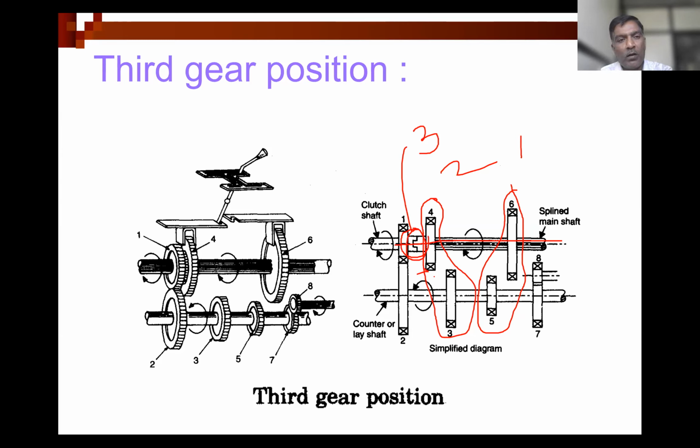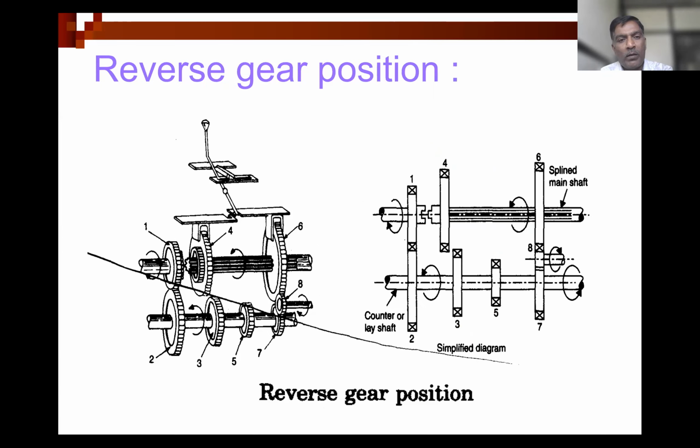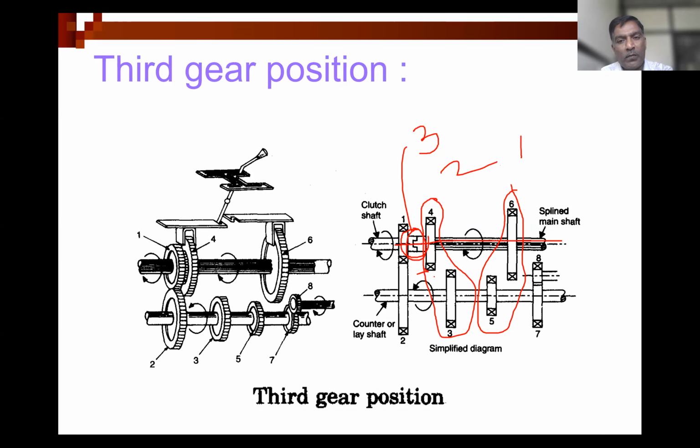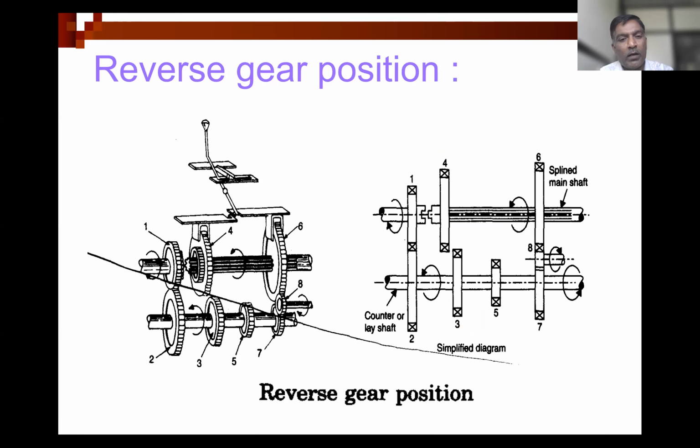Okay. Now, what is remaining? So gearbox is required to provide desired torque as per the requirement, forward as well as reverse direction. Now what is remaining? Reverse gear position with respect to this sliding mesh gearbox.